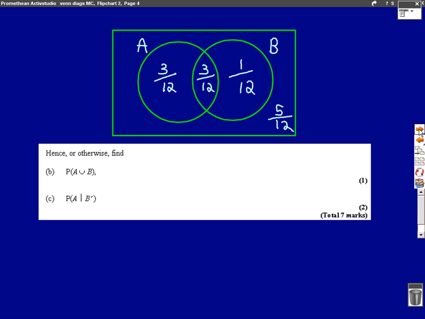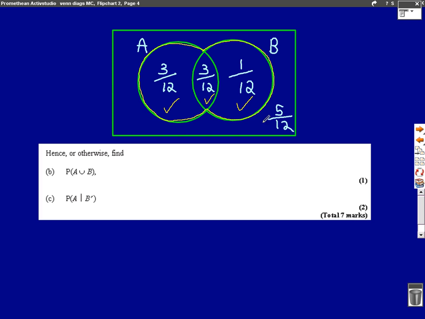Okay, so firstly they're asking us to find the probability of the union, so the probability of A or B. Alright, so A or B is, well, either you can be just in A but not in B, or you can be just in B, not in A, or you can be in the whole thing. Okay, so this is allowed, this is allowed, this is allowed.